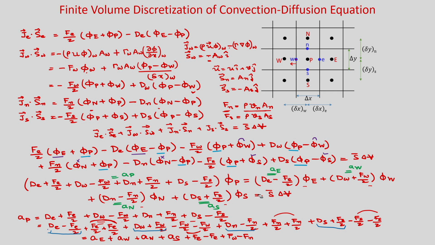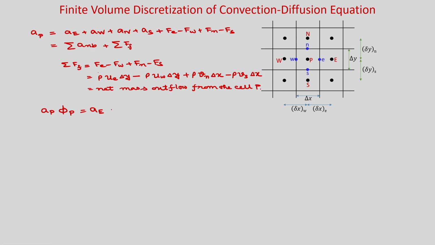Sorry, this will be plus, so plus S bar delta V. So, we can write Ap phi p is equal to the summation of Anb phi nb, all the neighbor Anb phi nb, plus B, where S bar delta V we denote as B.